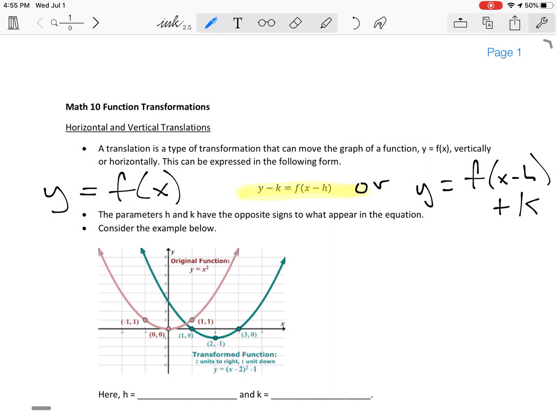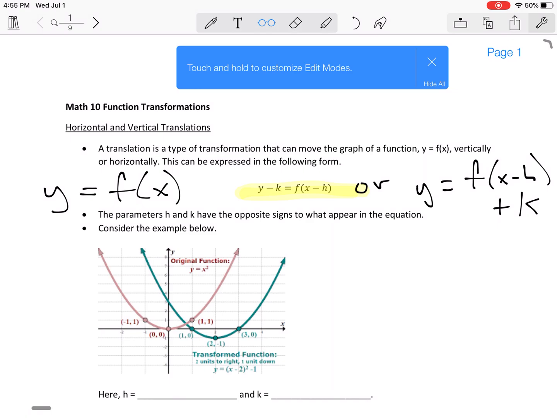Okay, so what you have here is h and k. So that's sort of been added in. And so what these are: h takes care of moving the function horizontally, so either left or right, and k looks at moving the function vertically. Okay, so up or down.